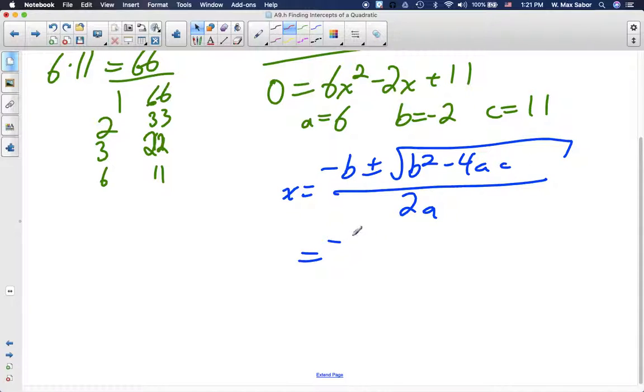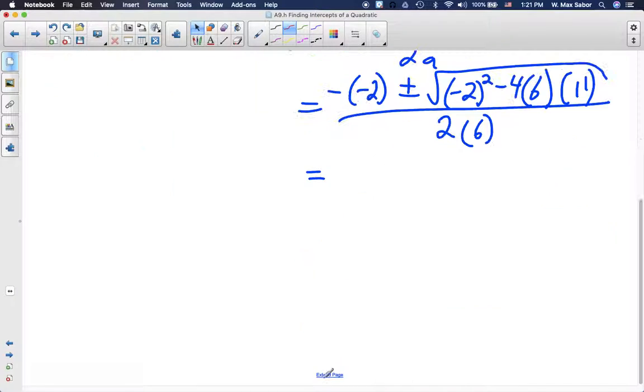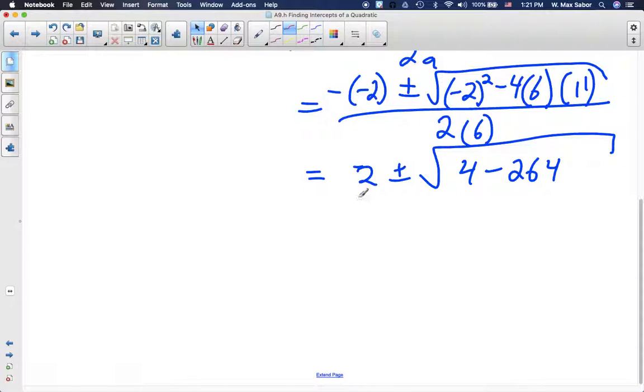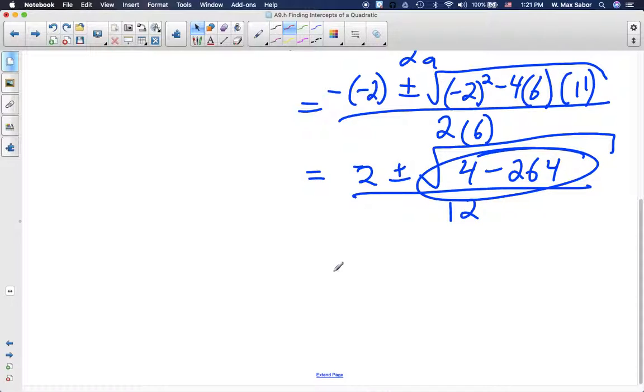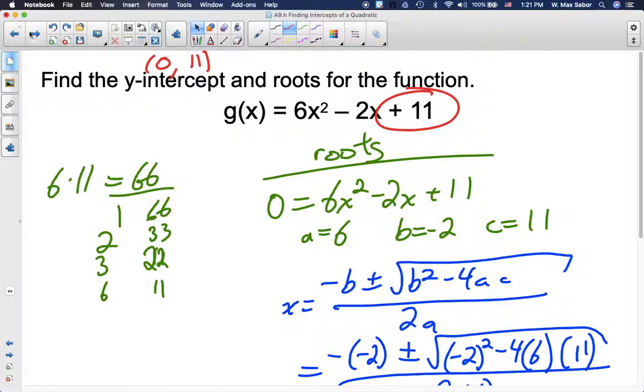So here, we have positive 2 plus or minus the square root of 4 minus, that's disgusting, that's big, 264, over 12. This is definitely going to be negative, so no solution. There are no roots for this function.